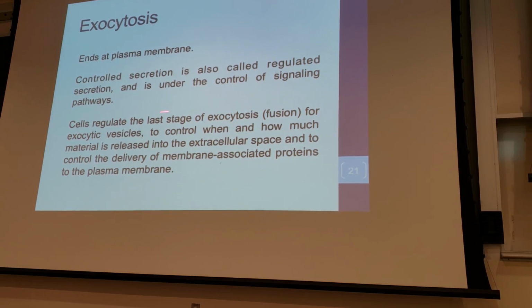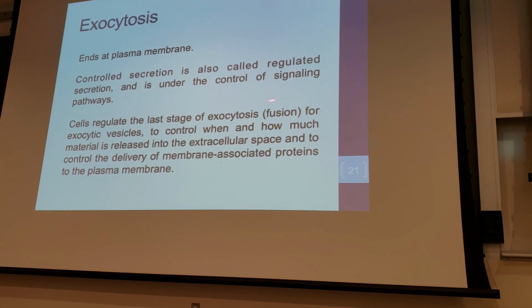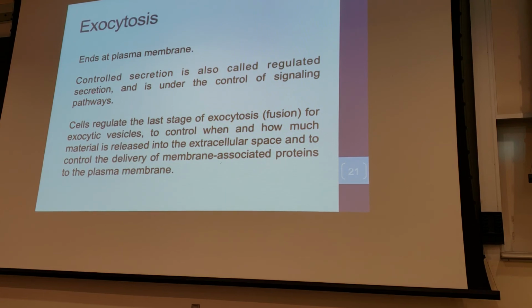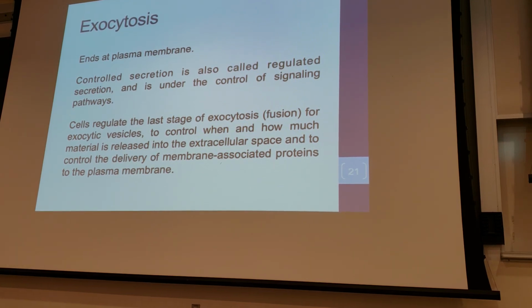Let's see, regulate the last stage of exocytosis. Right, and so the regulation is actually at the moment of fusion. The SNARE proteins are already attached and interacting, but the vesicle is sitting there waiting. In the case of insulin in the beta cell, we have vesicles that are ready to go. As soon as calcium shows up, they can fuse, the contents are released, so we get a big spike in insulin release.